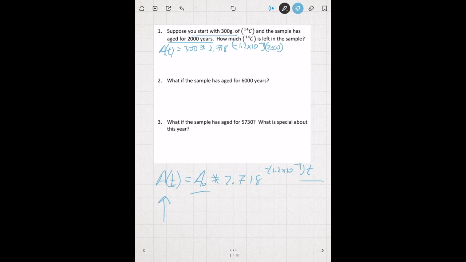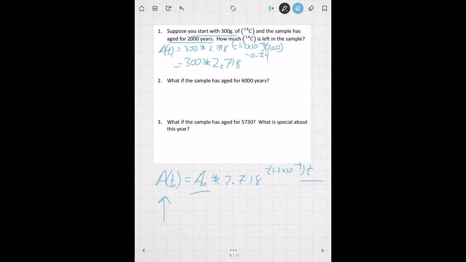Let's start with the exponent. We have 300 times 2.718 to the, all right, let's start with 1.2 times 10 to the negative 4 power. And that's negative. Then we're going to multiply that by 2,000. I'm getting that we need to take 2.718 to the negative 0.24 power.